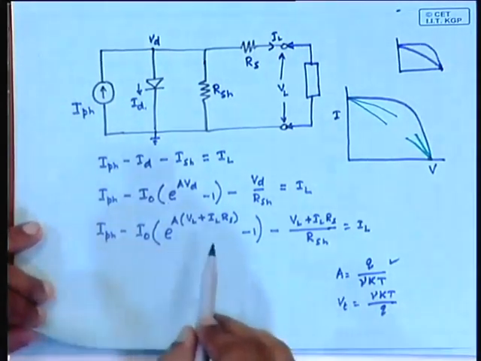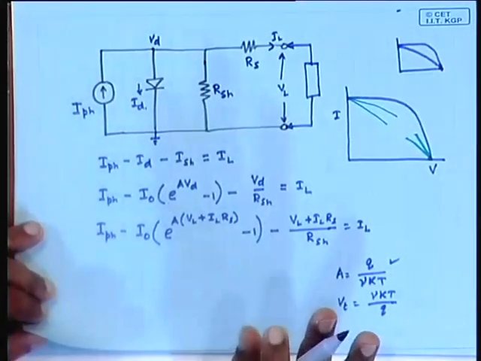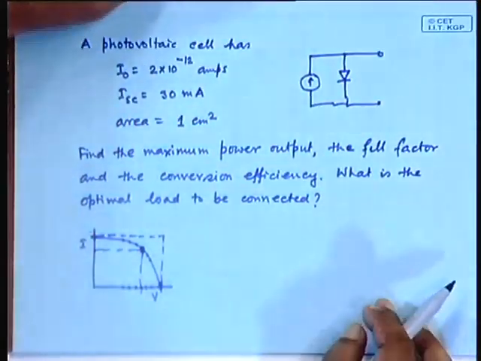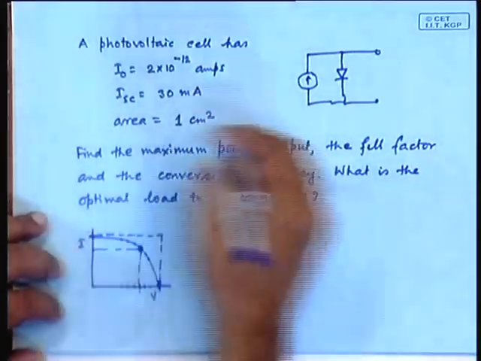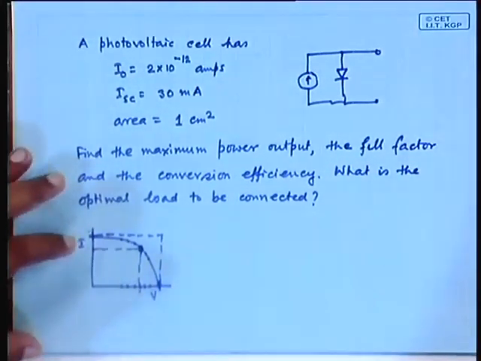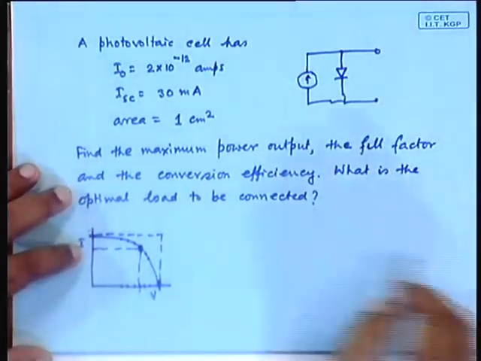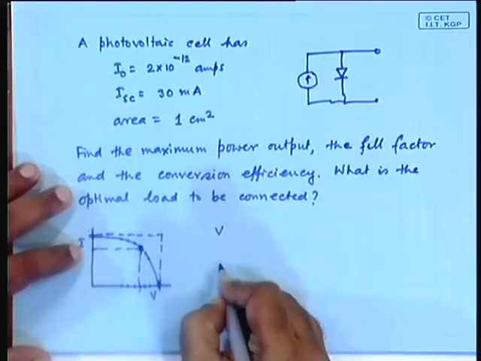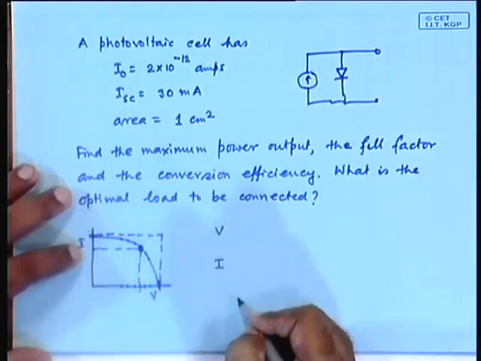Thereby you get the current as a function of the voltage. Suppose, for example, for these ones you will get values something like this. So, for different voltages I am writing the current.